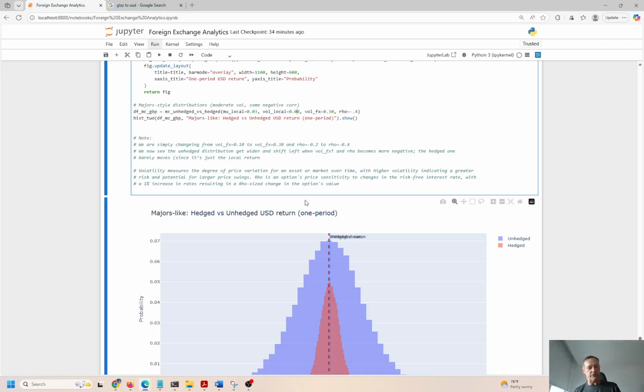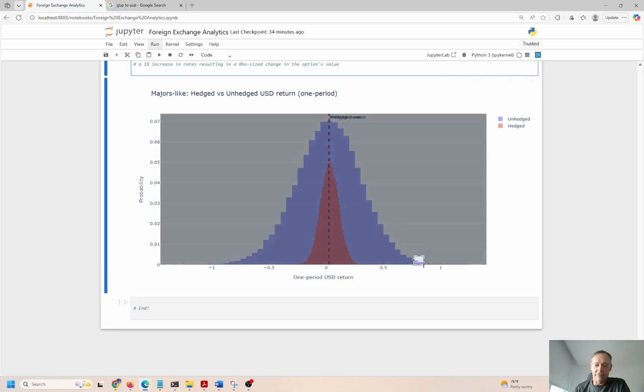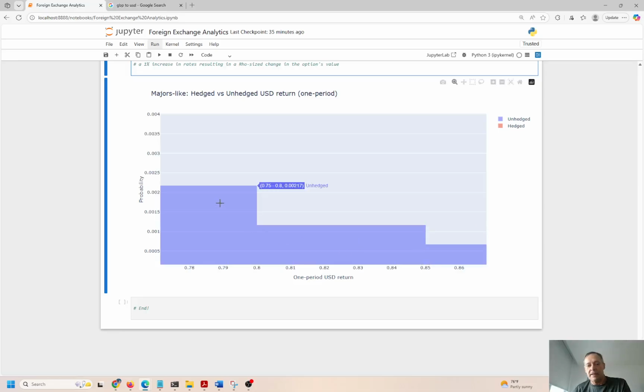Just if these positions are unhedged or hedged, with the hedge position, you have a lot more control on the distribution of potential outcomes, right? With the unhedged position, it can be all over the place, right? So you don't know what the returns are going to be. It could be massively positive to your benefit, right? If you end up down here on the positive end of the tail, right?